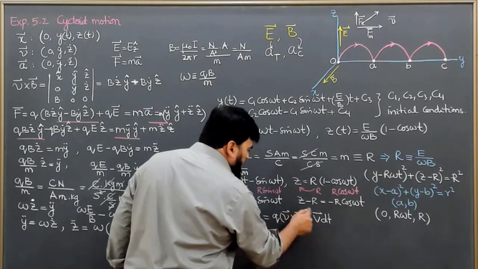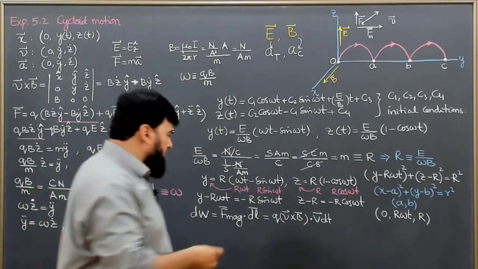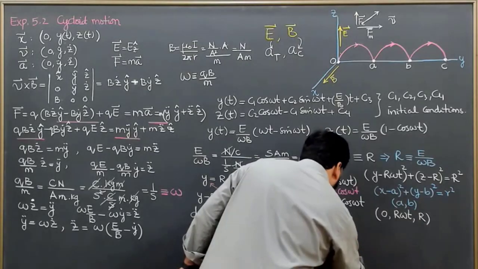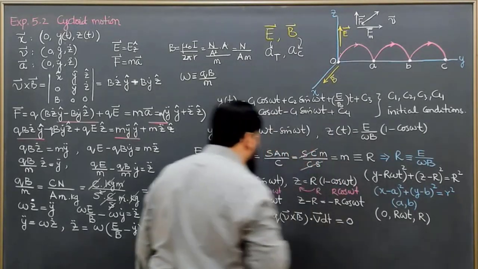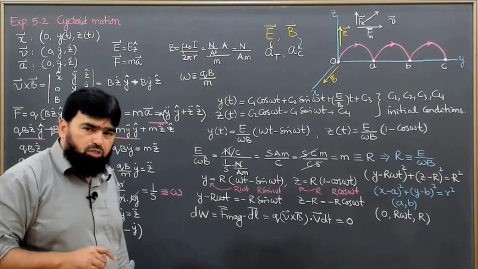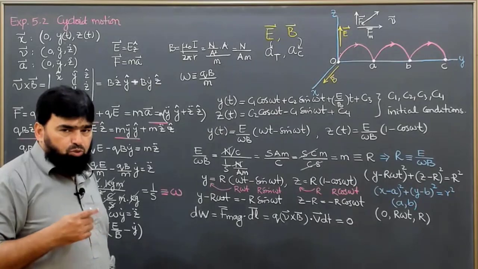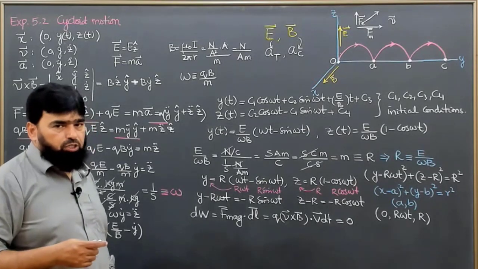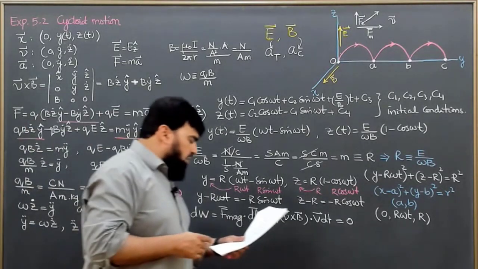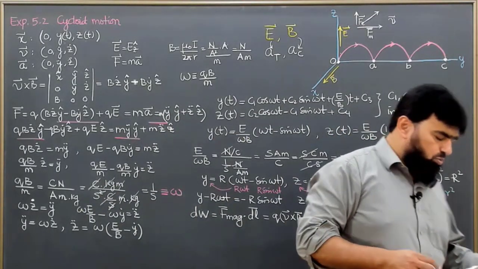So V dot V cross B, two vectors, if they are perpendicular to each other, then their dot product is 0. So the work done by the magnetic force is 0. The magnetic force does not work, and all magnetic forces do not work.